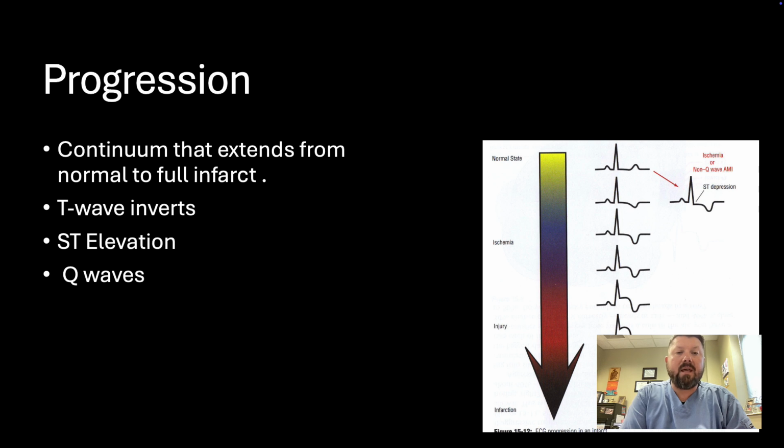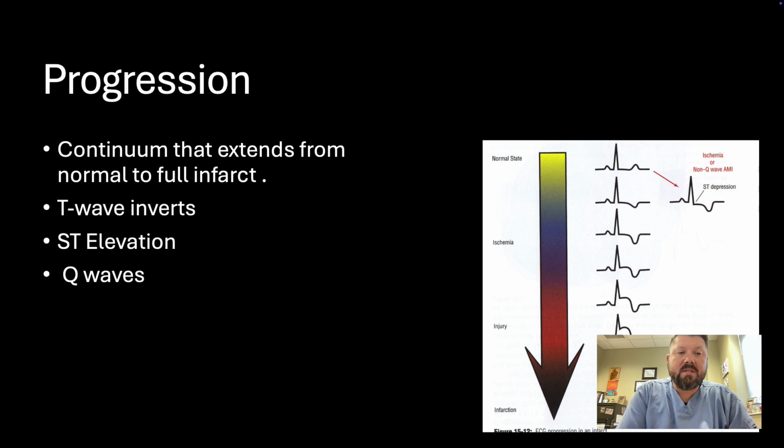So looking at the ST segment progression, of course we always find our J point, and on top of that we also look at our T wave. Do we have an RT discordance, which means one is upright and one is flipped? But remember, with the changes, typically when you're normal, you're going to have a baseline ST segment and an upright T wave.